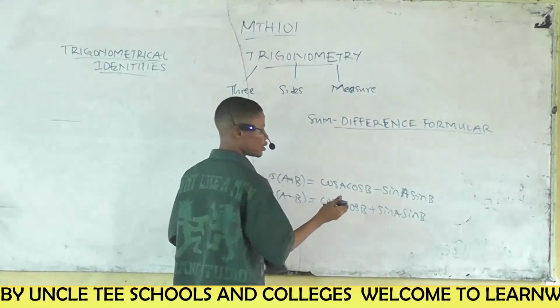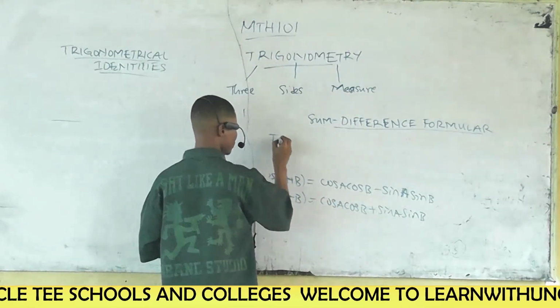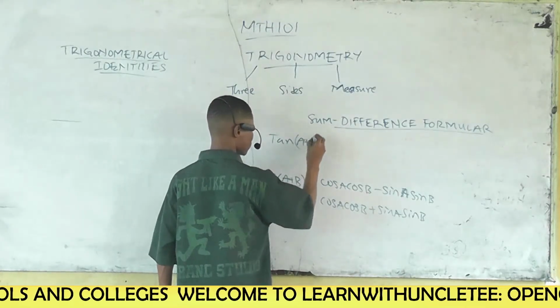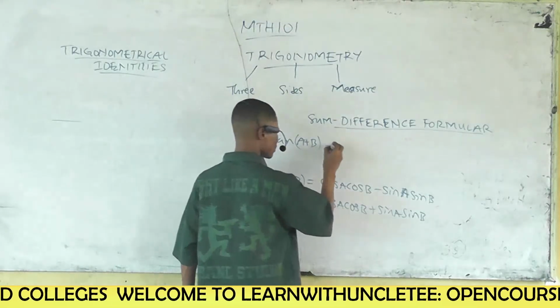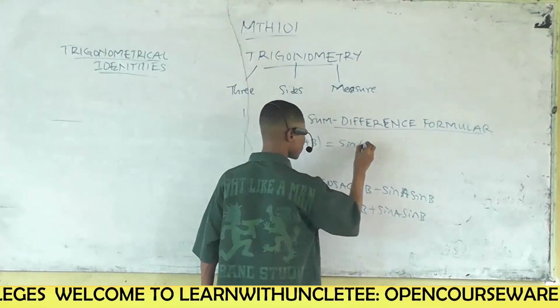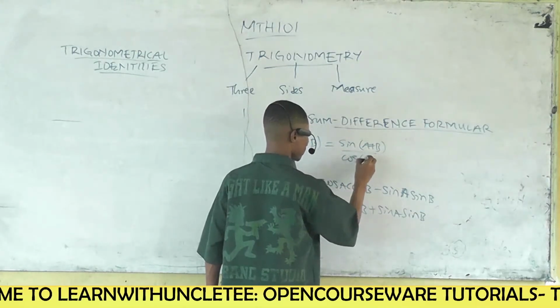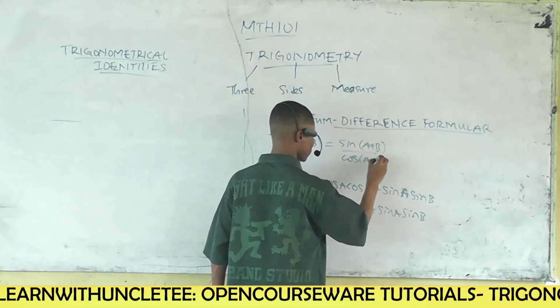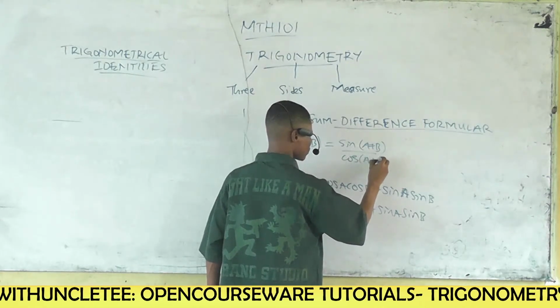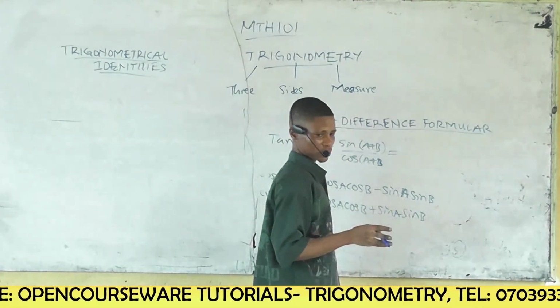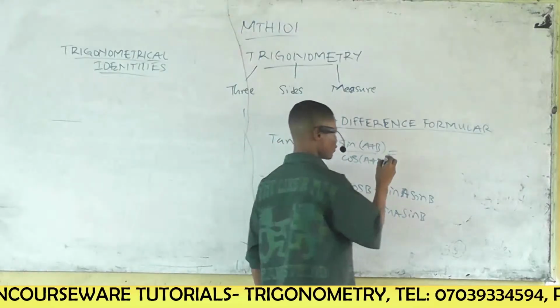Now let's do it for tan a plus b. Tan a plus b is the same thing as sine a plus b over cos a plus b. Now, what's sine a plus b from the one we've written?